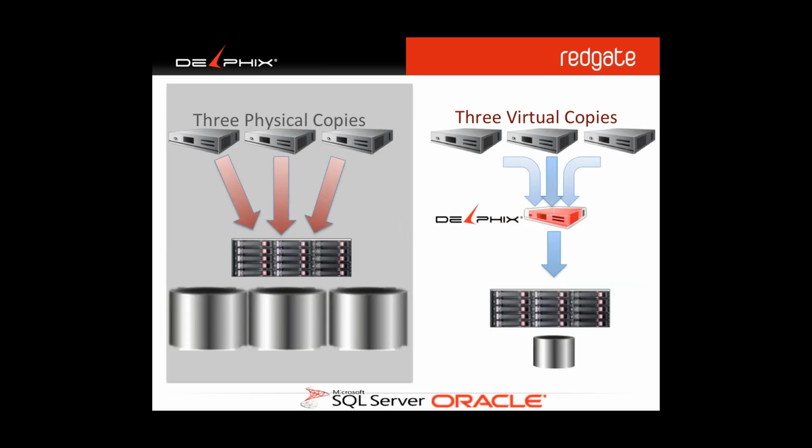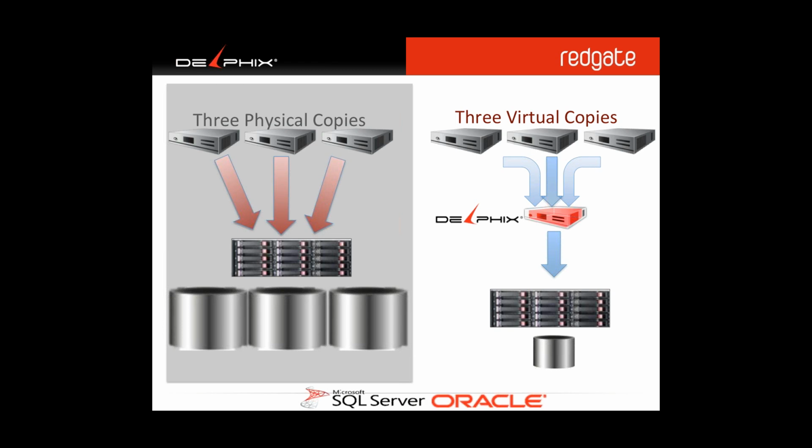So if I was doing physical copies, I'd have my host machines running the database instances hooked up to a SAN or storage array, and each of those would have their own physical copies of the database. Now, in the virtualized world, where we use Delphix, those host machines running the database instances talk to Delphix, which looks just like a NAS storage array.